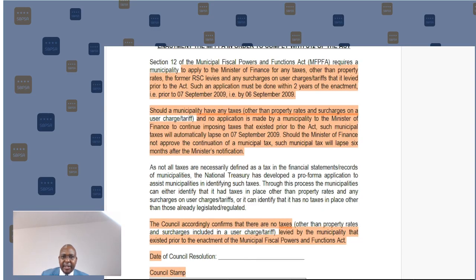I've realized that we have already looked at number J, which is the annexure to the pro forma report, the first annexure to the pro forma report.